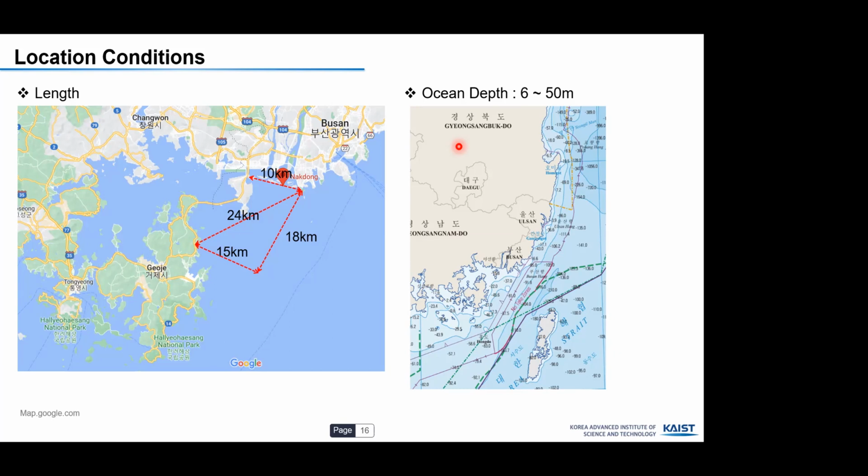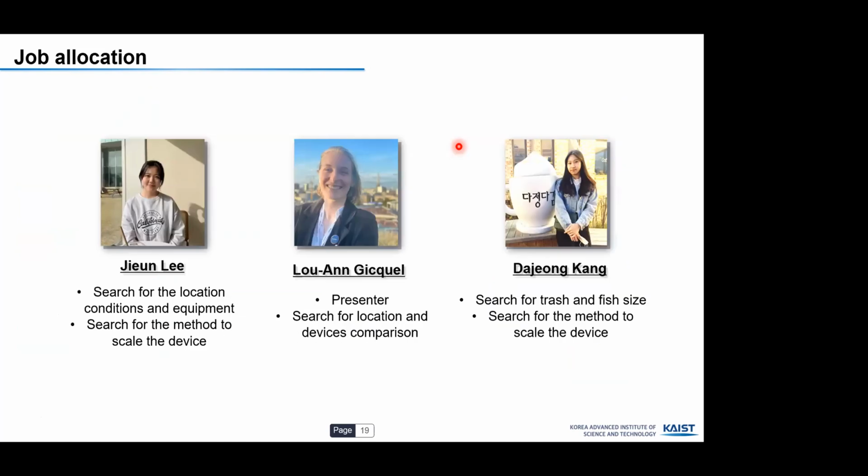Then what is your division of work? So yeah, each person kind of focused on one part of the presentation. I did the location and devices comparison. June did the location conditions and equipment.